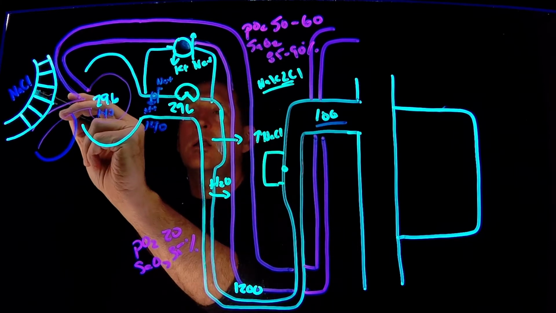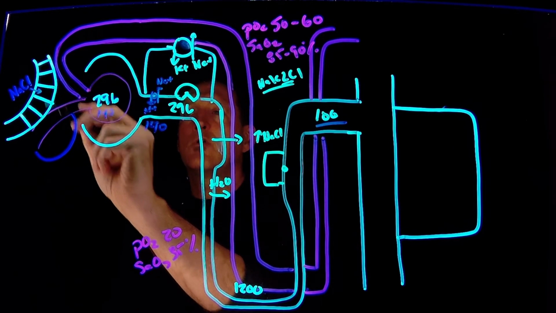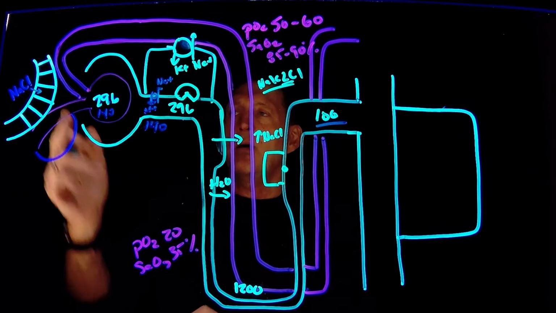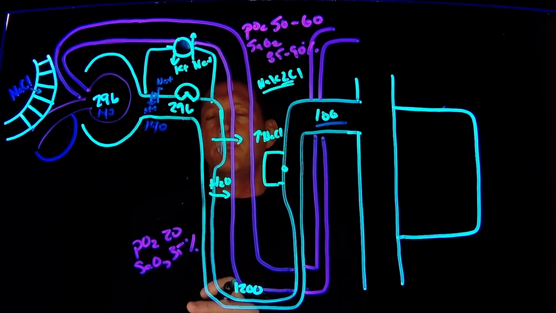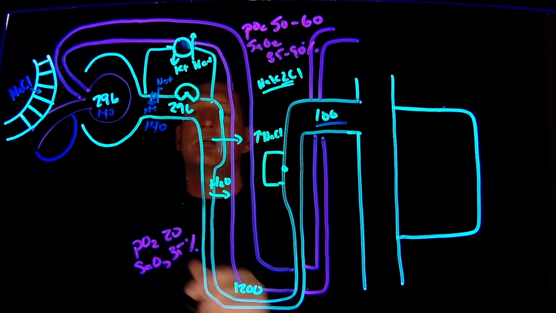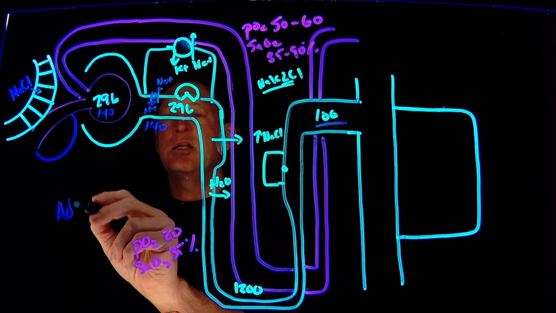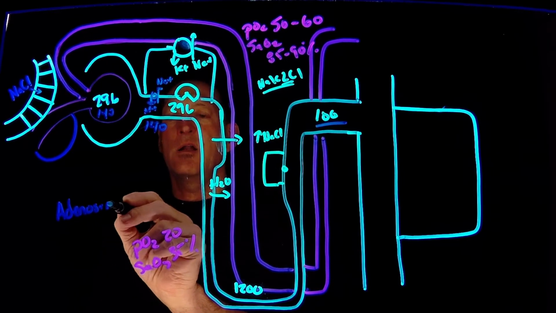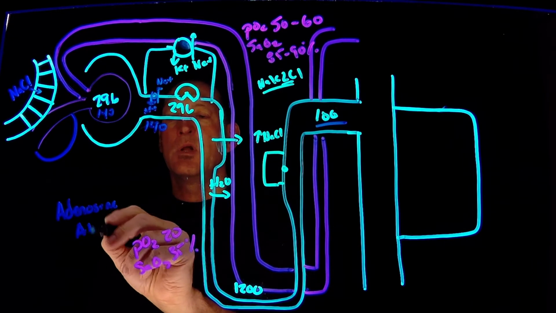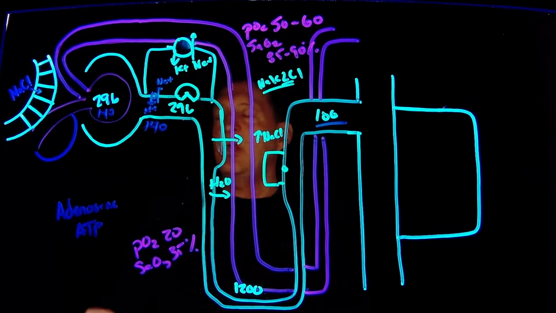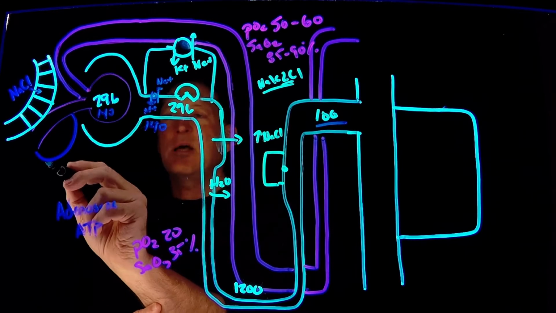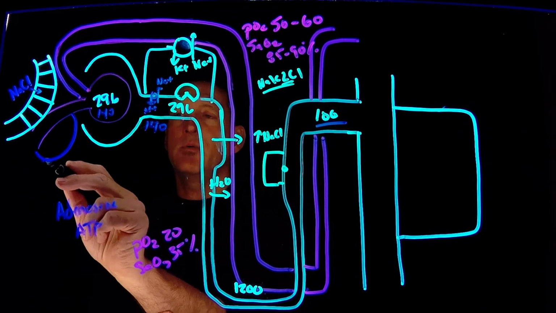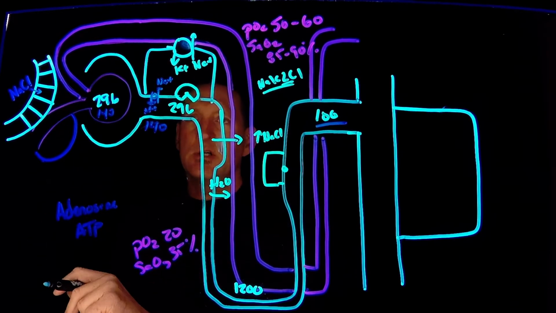Now, on here, I've got the ability for sodium chloride to leak into the macula densa cells. In response to sodium chloride entering, the macula densa cells will release adenosine and ATP. Adenosine and ATP will then plug into receptors, these adenosine ATP receptors, on the JG cells.